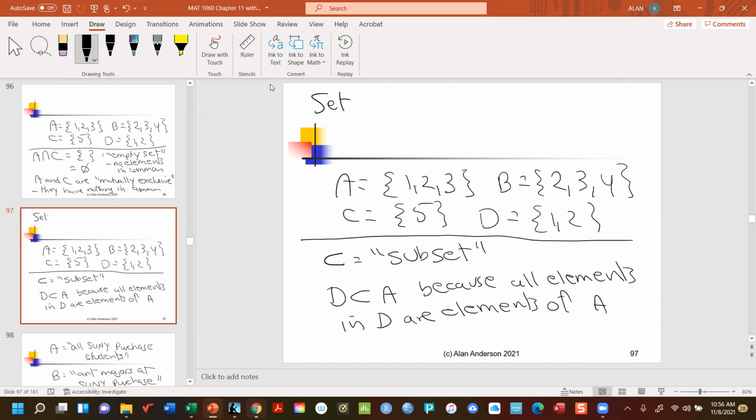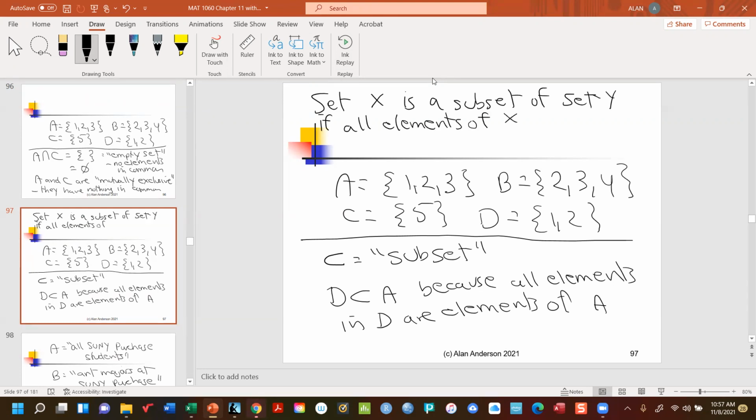Let's just say set X, because I don't want you to think it's one of these. Set X is a subset of set Y if all elements of X belong to set Y.